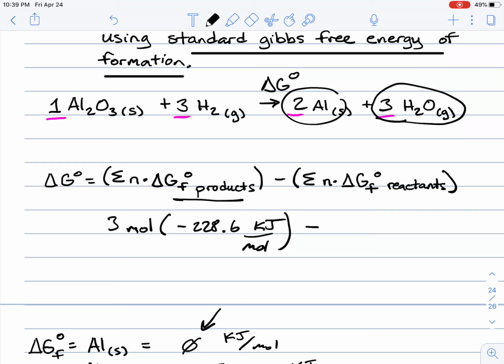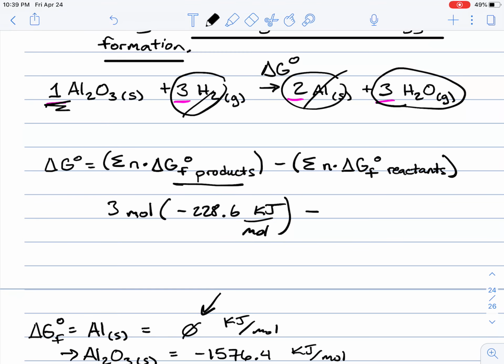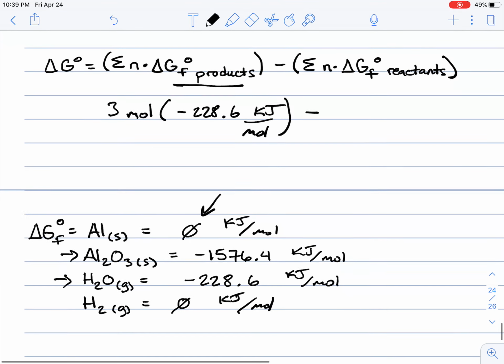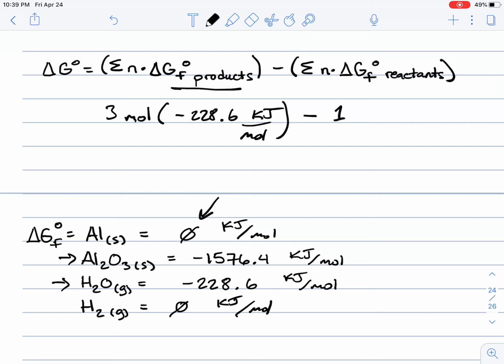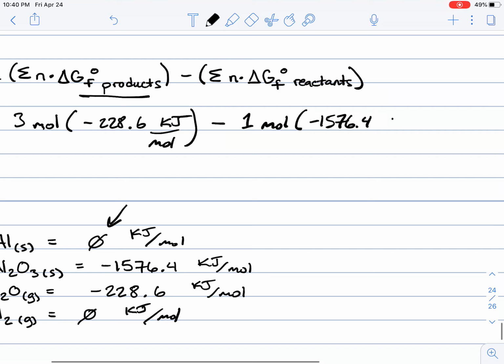hydrogen gas, that's a pure element, so we're not going to take that into consideration for the reactants. We only have 1 mole of aluminum oxide, so we're going to take 1 mole and multiply that by the value for aluminum oxide, which is negative 1,576.4 kilojoules per mole.